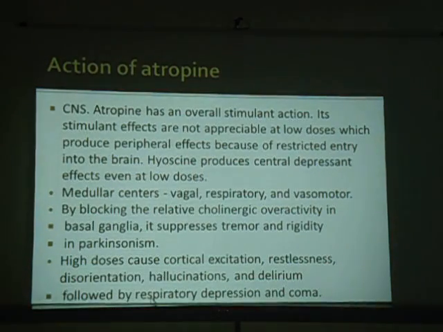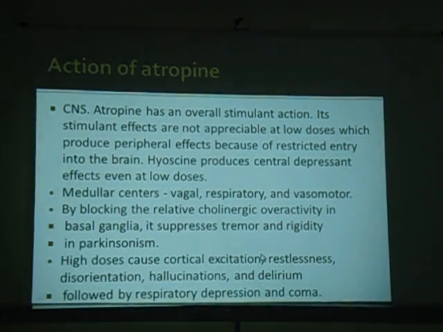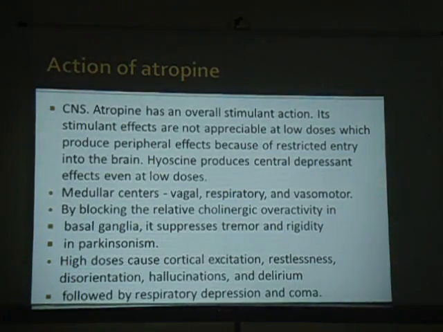First, there is mydriasis. Then we also have cortical excitation, restlessness, disorientation, hallucination and delirium. When I was doing my house surgeonship about 10 years back, we had a patient with organophosphorus poisoning.